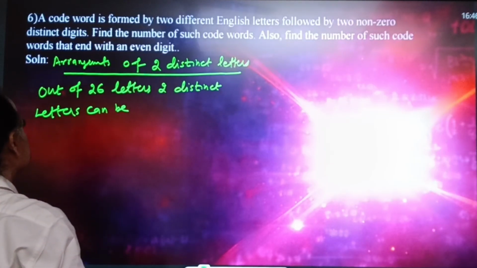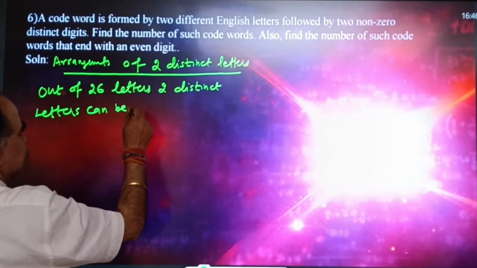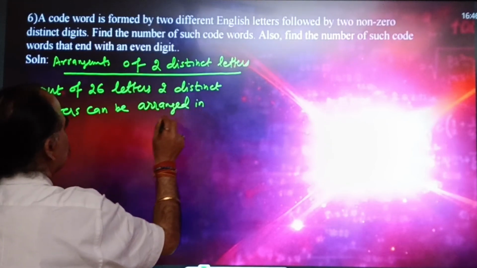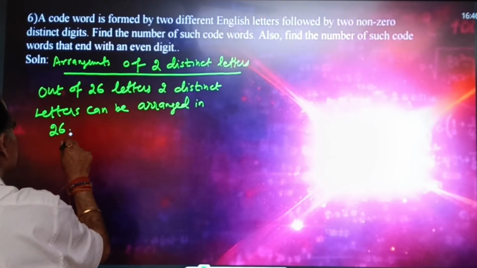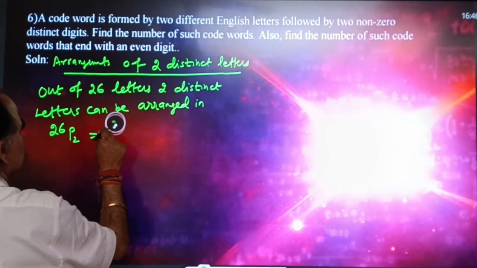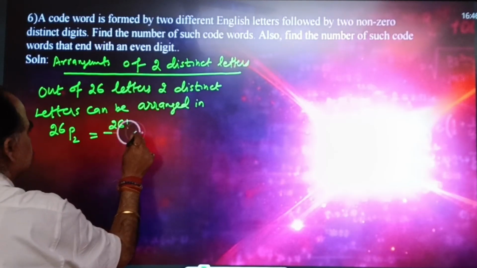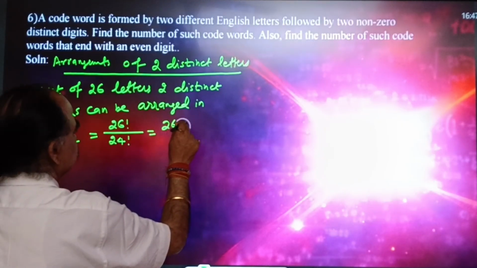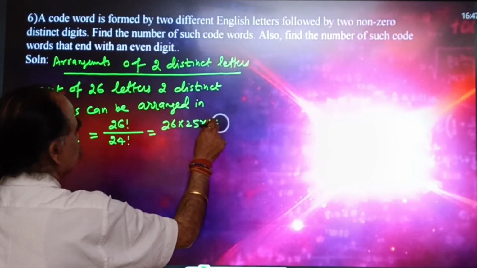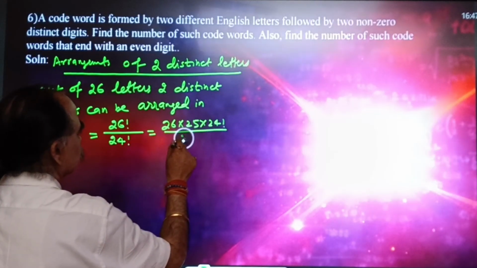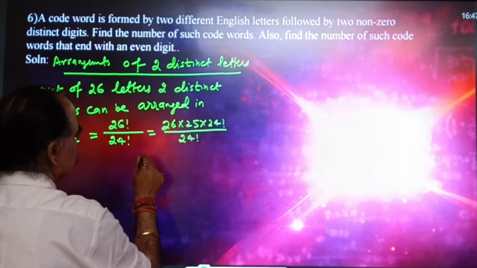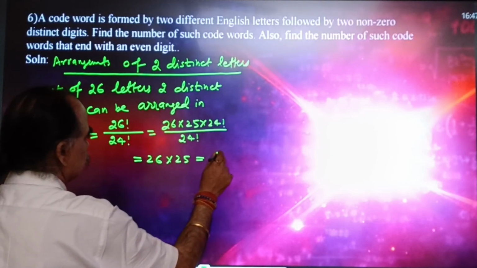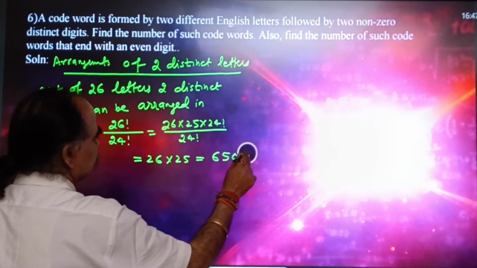Arrangement of two distinct letters: out of 26 letters, two distinct letters can be arranged in 26P2, 26 factorial upon 24 factorial, 26 into 25, which is 650 ways.